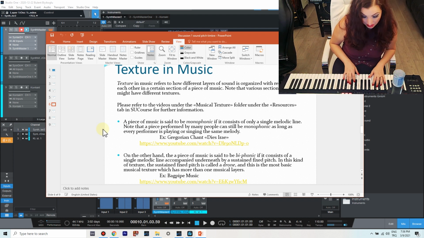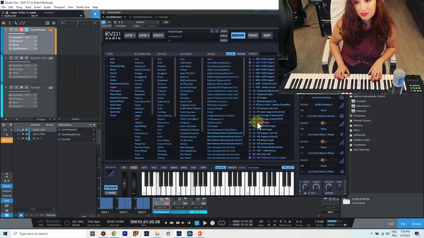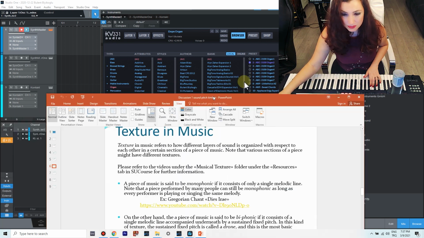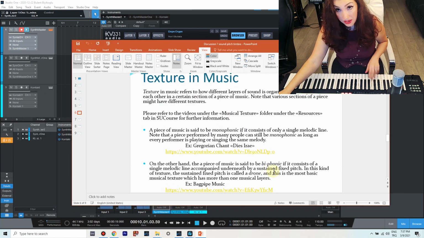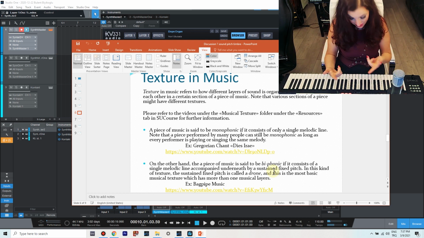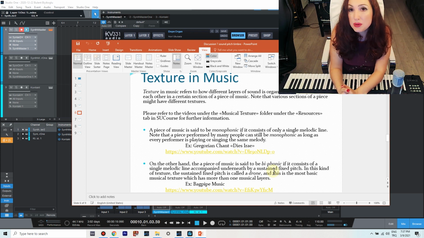When I play with that drone, that long held note, now this is the texture that I have here labeled as a biphony. My bi consists of the moving line and the long held drone. Even when the drone moves a little bit, this would still be biphonic.